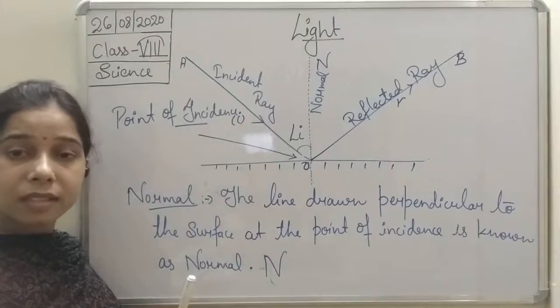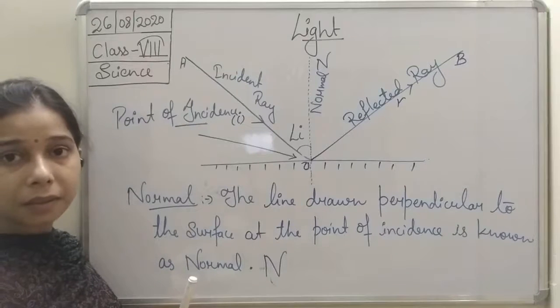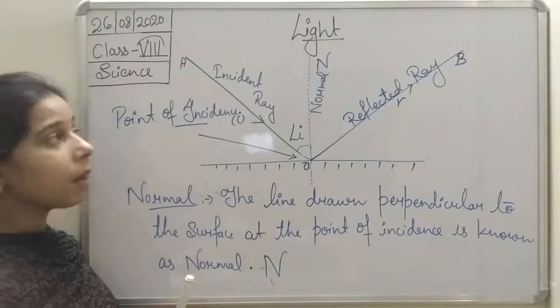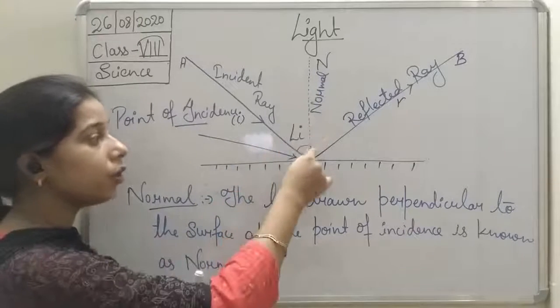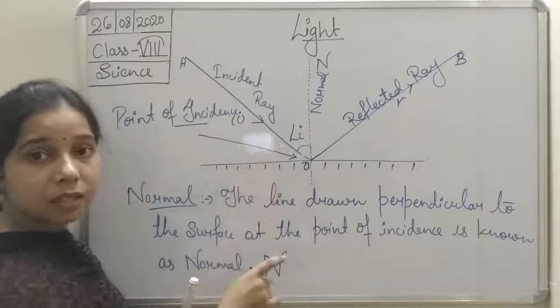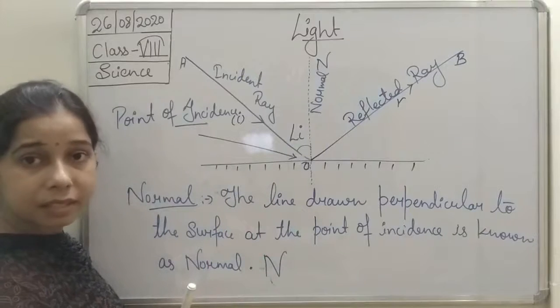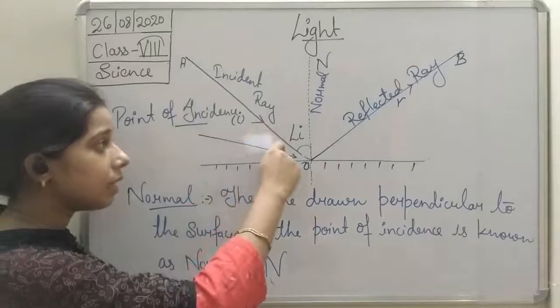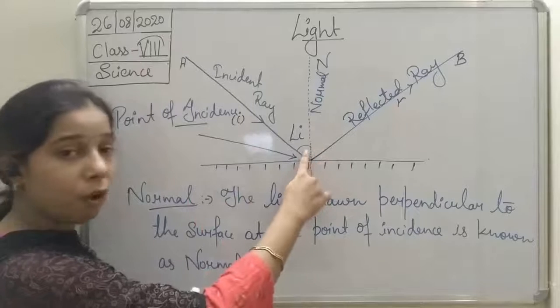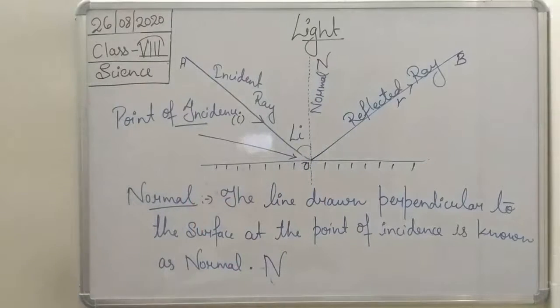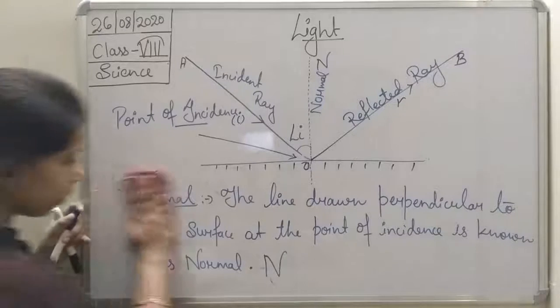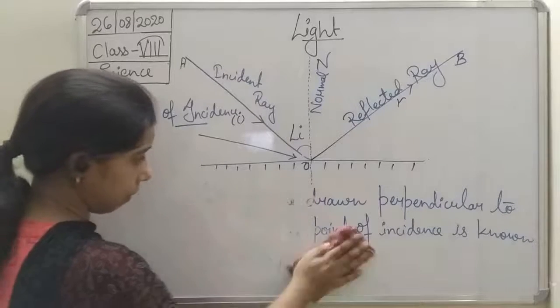So what is the angle of incidence, student? The angle which is made by the incident ray and the normal ray is known as the angle of incidence. So we can write it: angle of incidence.